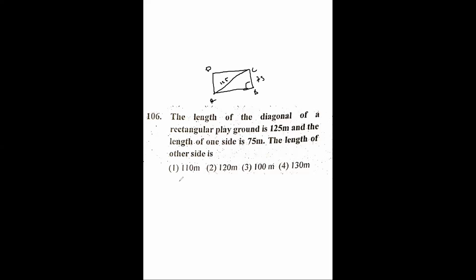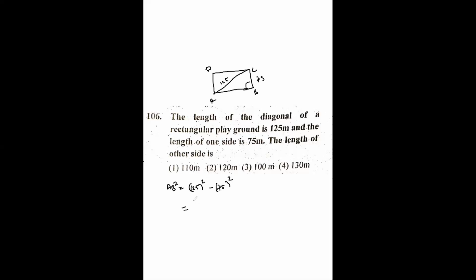So to calculate the side AB, we require AB square is equal to 125 square, that is AC square, minus CB square, 75 square.